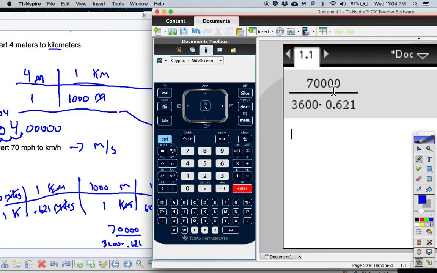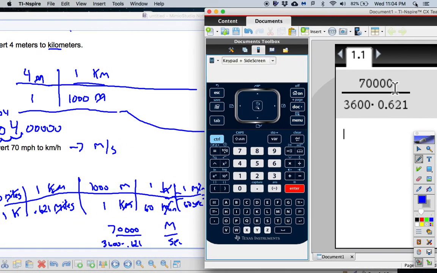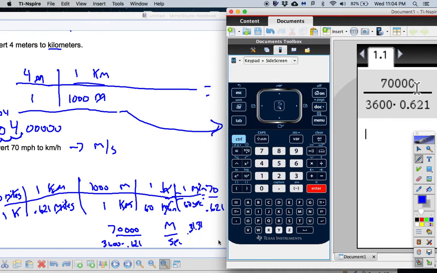And it will have it in the right pattern, and it says our answer is 31.31. So this is 31.31 meters per second.